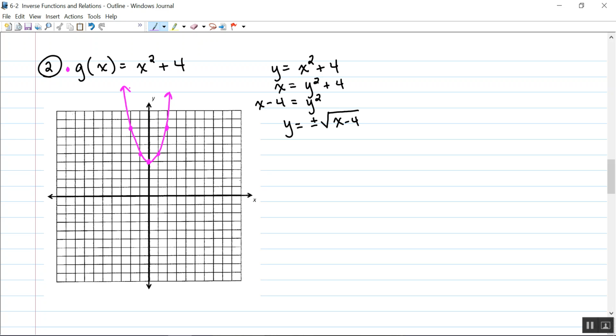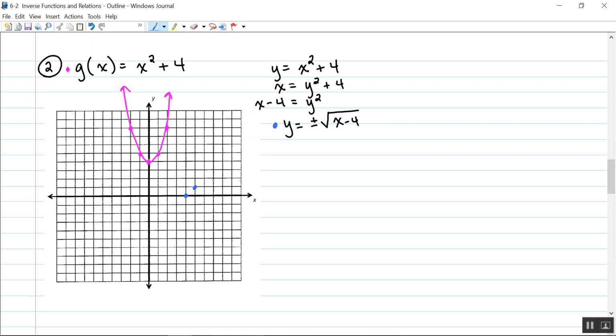Okay, and as you can see, it is a function because it would pass a vertical line test, but it will not pass a horizontal line test, so its inverse is not a function. So when I go to graph this one here, that's going to be y equals plus or minus, so that's going to be one above and one below.